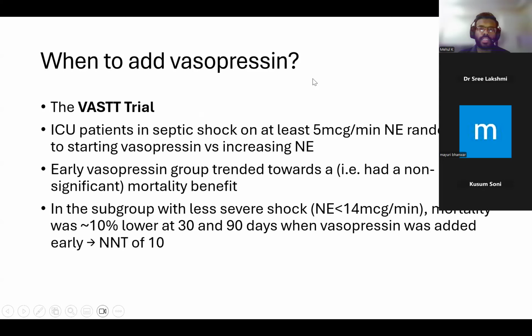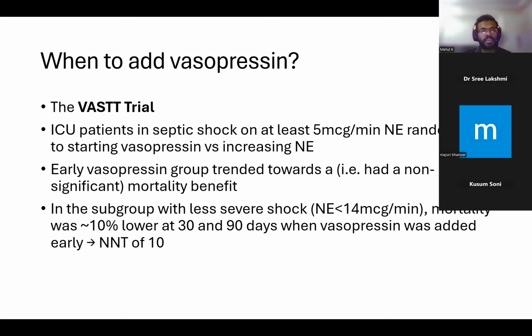So when do you actually add the second vasopressor? This is important to know because different people have different ideas. The trial that we have to reference is the VAAST trial, where you had 70 patients on at least 5 mics per minute of NORAD, randomized to either starting vasopressin or just continuing to increase the dose of NORAD.